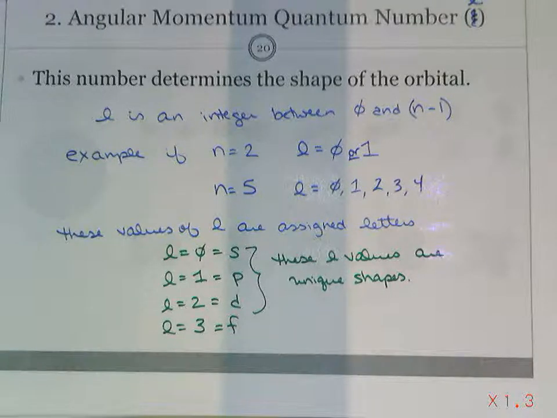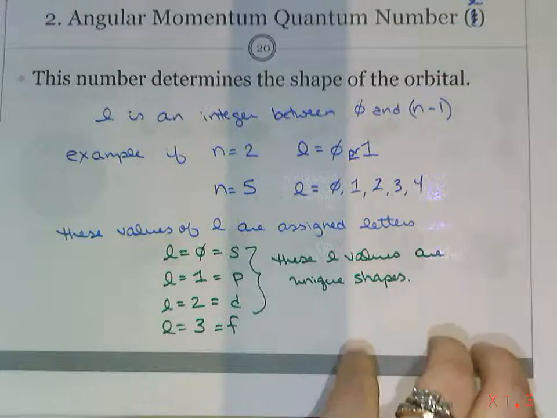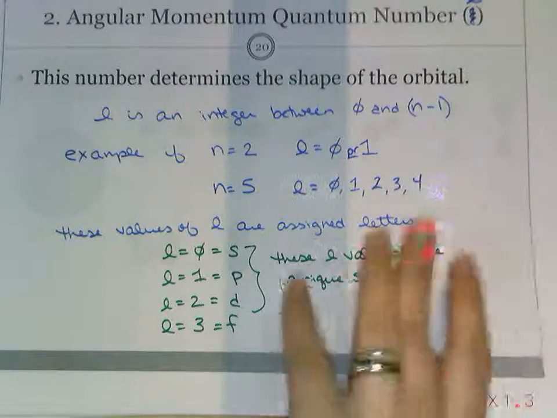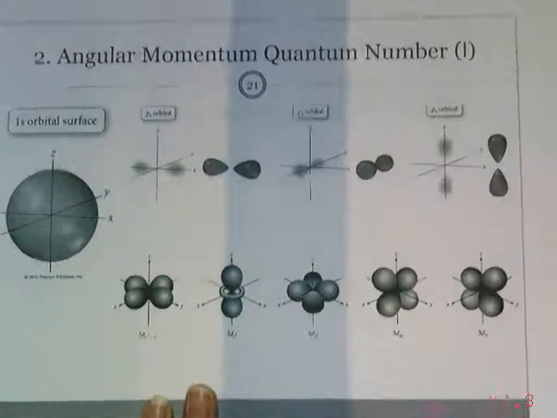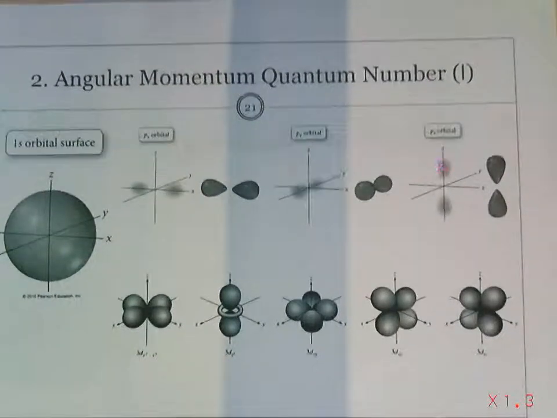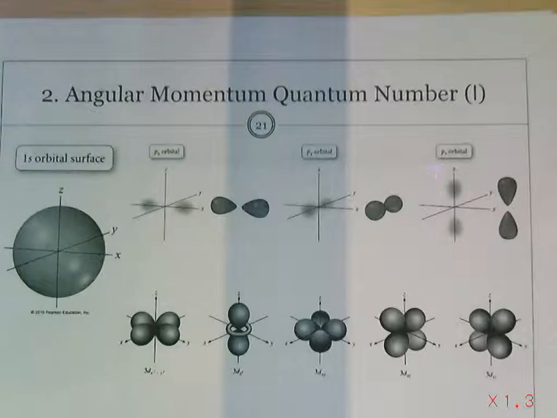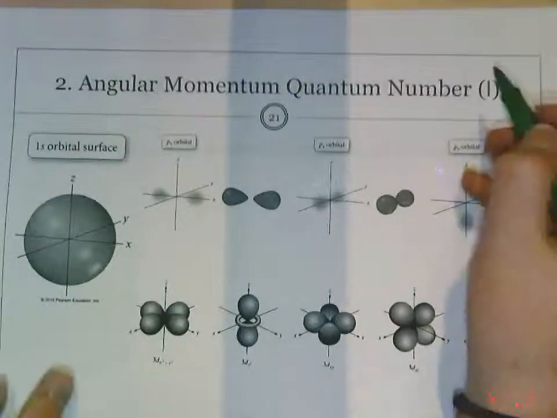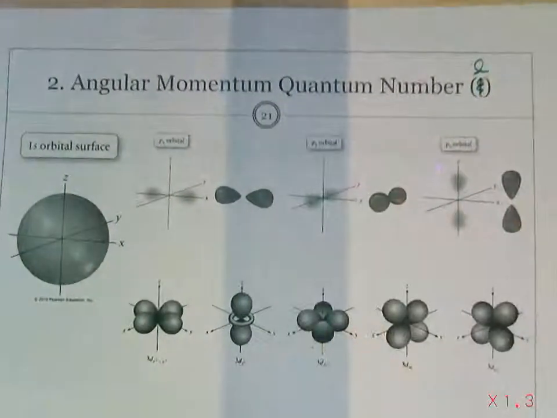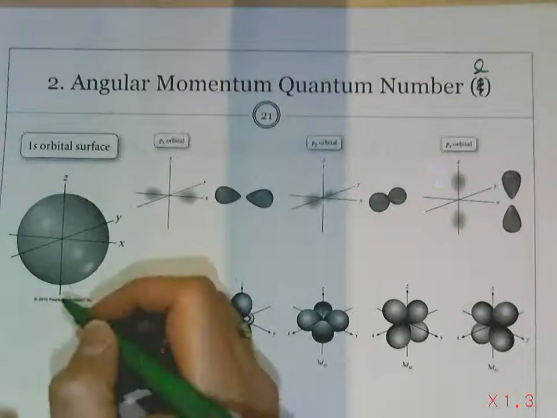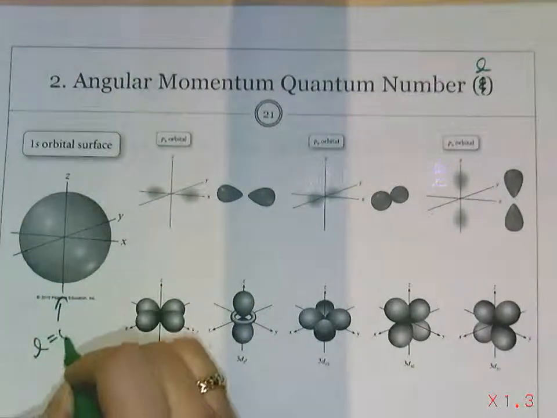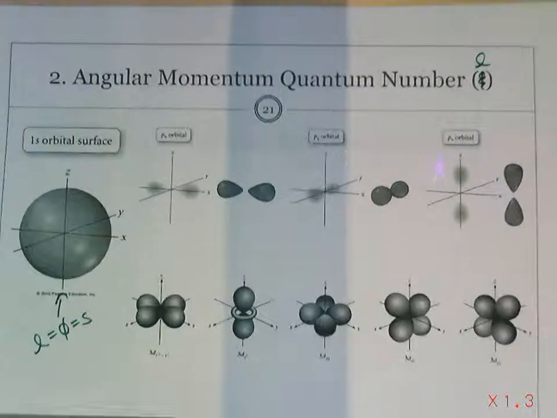All right, so each L value has a unique shape. I'm terrible at drawing in 3D, so if you don't have this PowerPoint, definitely go to the book or get this PowerPoint. So L equals 0 equals S tells us that is a sphere, right?